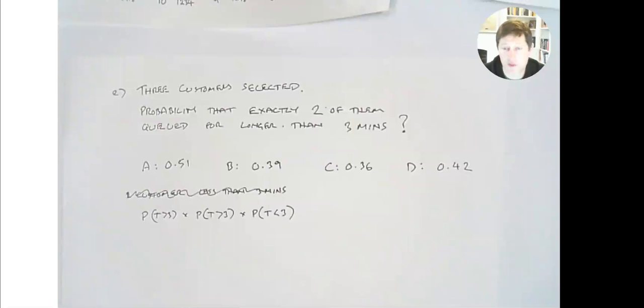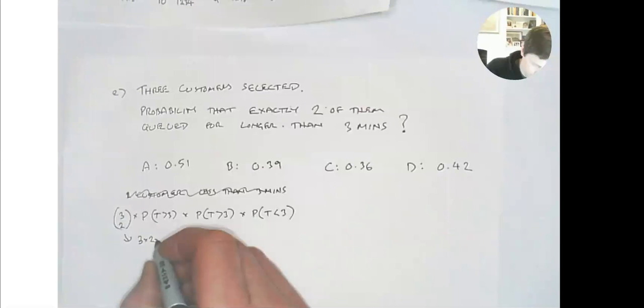So that's 2 people queuing for more than 3 minutes, 1 person queuing for less than 3 minutes. So that's the probability. But there's more than one way for that to happen. Obviously, there's 3 people, and the one who didn't queue for more than 3 minutes could be any one of them. And so that's where the 3 choose 2 comes from. So that's the probability of any one of the ways it could happen. And then 3 choose 2 tells us how many different ways there are for that to occur.